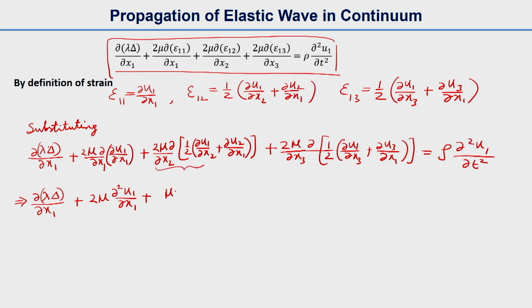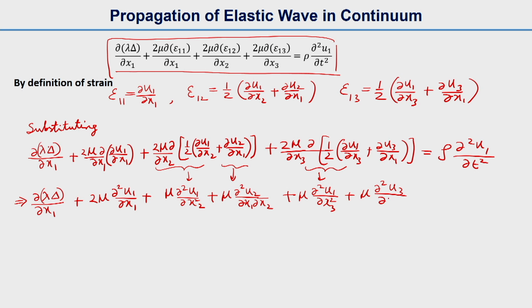So from this term we get mu times the second partial of u1 with respect to x2, and then from this term we get mu times the second partial of u2 with respect to x1 and x2, plus from this term mu times the second partial of u1 with respect to x3, plus mu times the second partial of u3 with respect to x3 and x1, which will again be equal to rho multiplied by the second partial of u1 with respect to t.